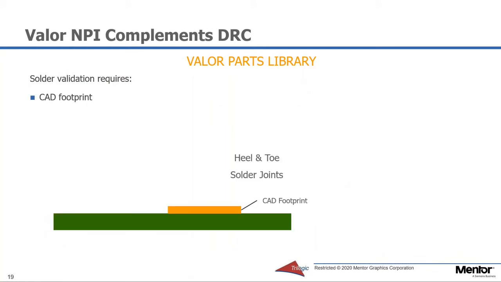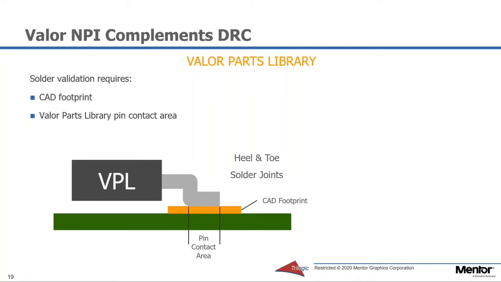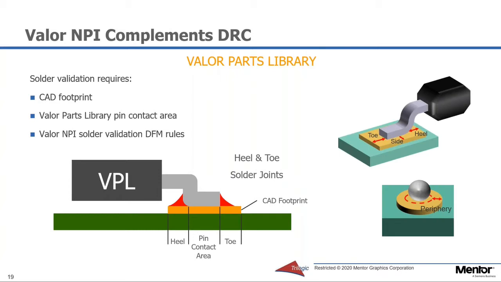Solder validation requires comparing the CAD footprint in the design to the pin contact area of the pin from the Valor Parts Library, allowing the checking that the solder DFM rules are met and validating measurements such as toe, heel, or side solder requirements for rectangular pads and periphery requirements for ball pins.